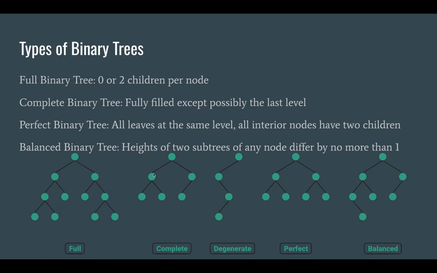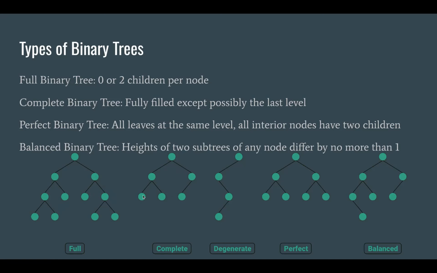In a complete binary tree, all levels are fully filled, except possibly the last, which is filled from left to right, optimizing space. So what happened in the example is that when we fill the tree, we fill from left to right.